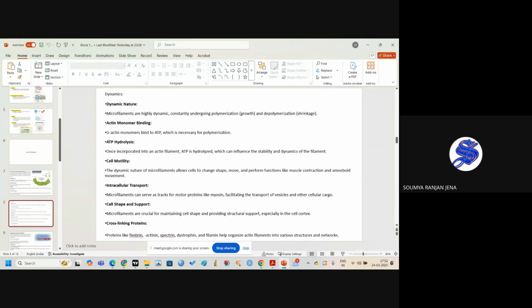And during ATP hydrolysis, once ATP is incorporated into an actin filament, this ATP is hydrolyzed, which can influence the stability and dynamics of this filament, because if ATP is not hydrolyzed, the polymerization and depolymerization will not occur. This is the major process of ATP hydrolysis.